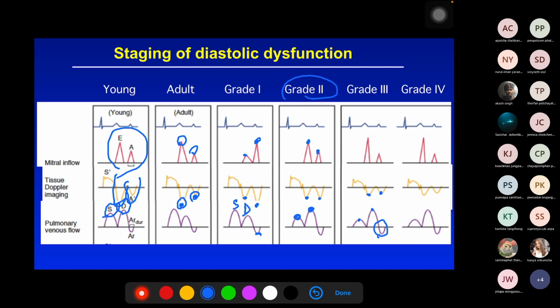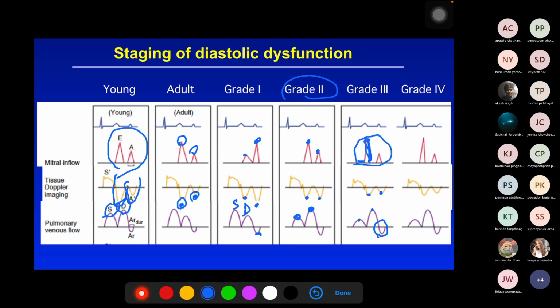This might represent high LA pressure and high LV filling pressure. In the MV inflow, grade 3 and grade 4 are called restrictive physiology. You might see a short IVRT and short DT in both.